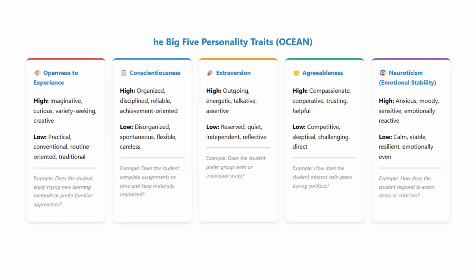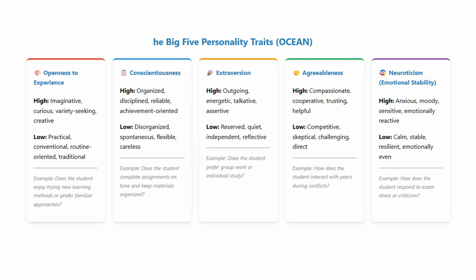Challenging, direct. Example: how does the student interact with peers during conflicts? Now you can imagine how they behave according to your own experience. How do you behave during conflicts?